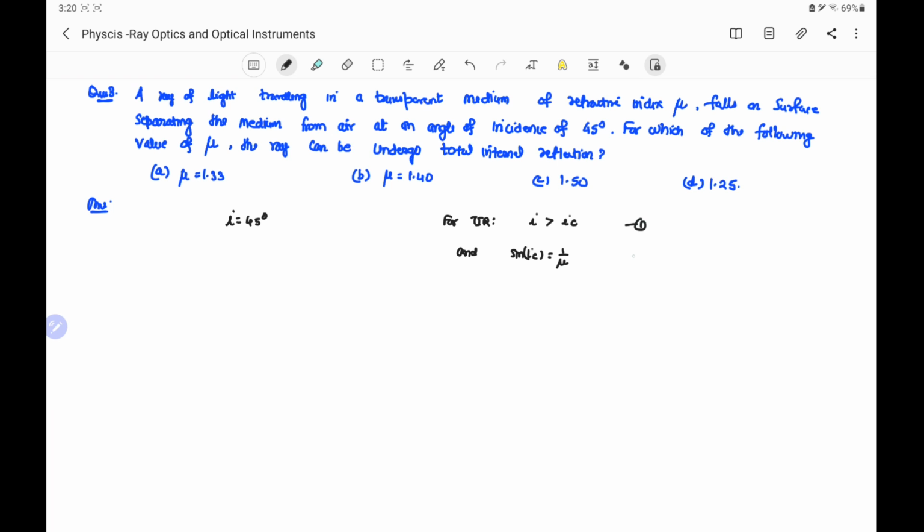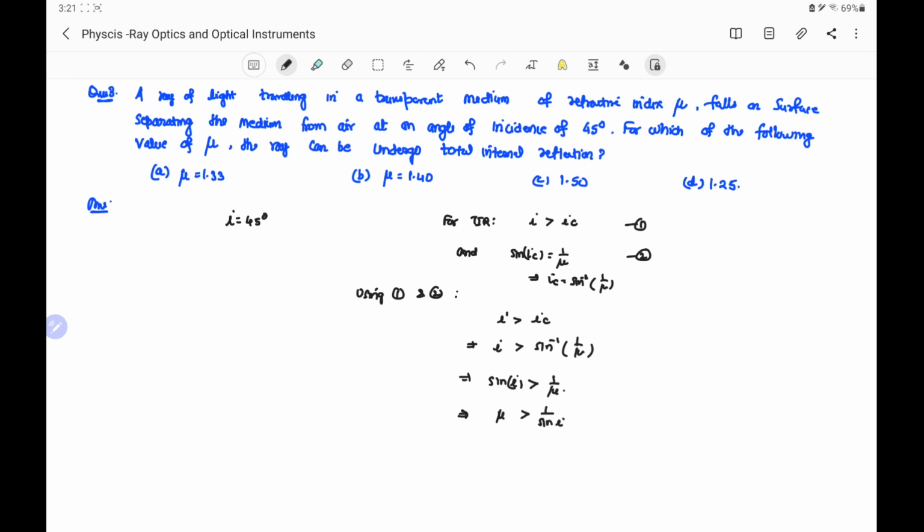Therefore, we can write that I is greater than IC, and from equation 2 we can calculate IC equal to sine inverse 1 by mu. So this implies that I is greater than sine inverse 1 by mu, and it can be written as sine I is greater than 1 by mu, or mu is greater than 1 by sine I, because mu and sine I are both positive terms.